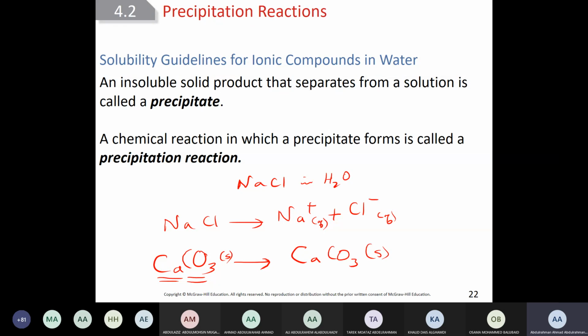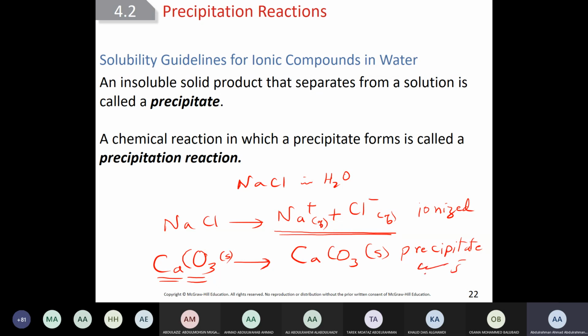We call this ionized, but the second one we say precipitate. Precipitate means it settles out as a solid.